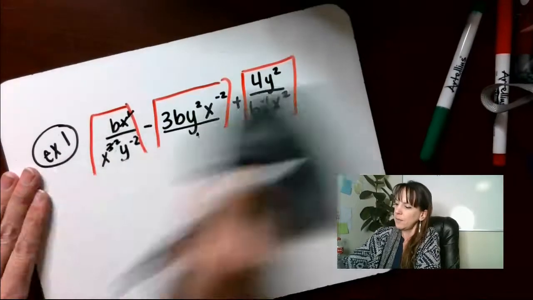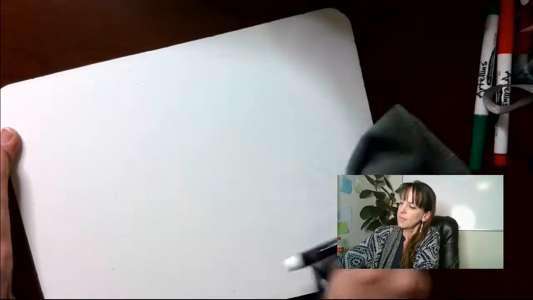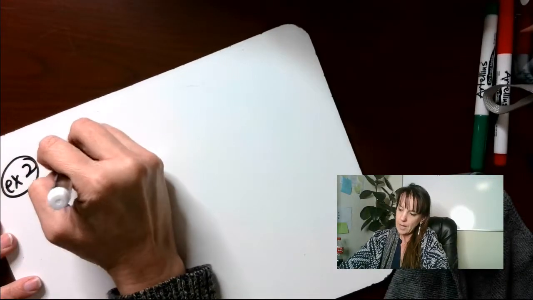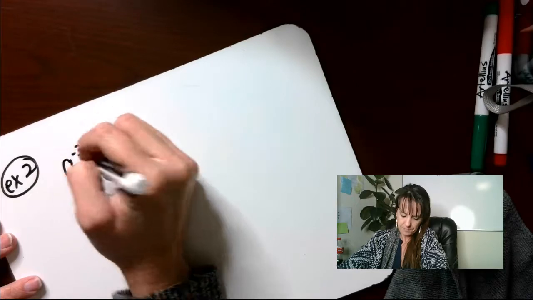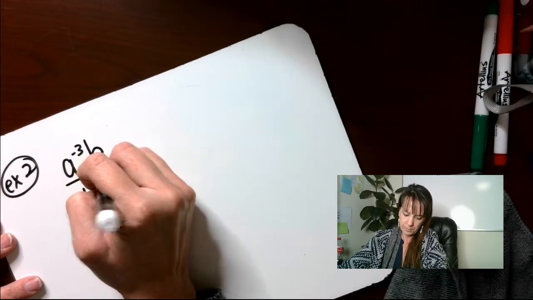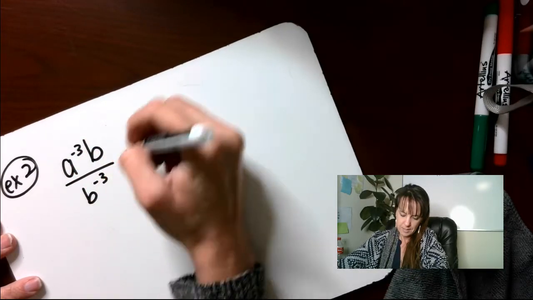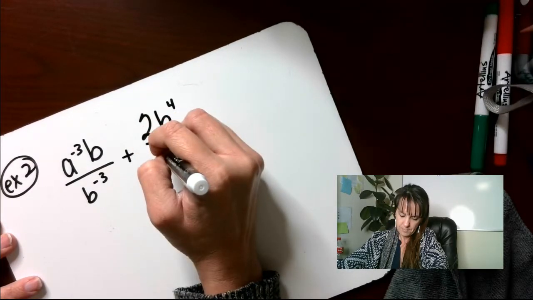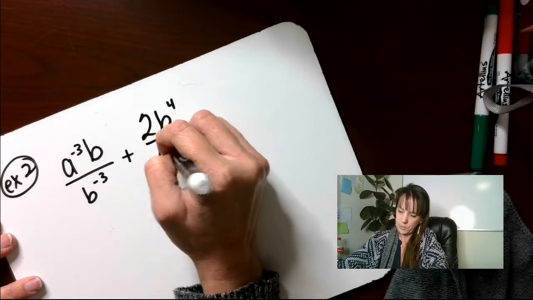Let's see about example number 2. Simplify by adding like terms. Example 2 is going to be negative 3b over b negative 3 plus 2b4 over a 3.